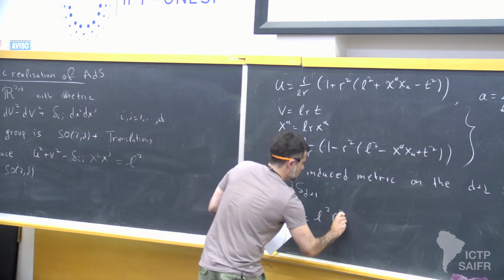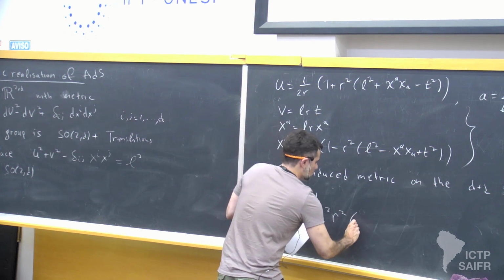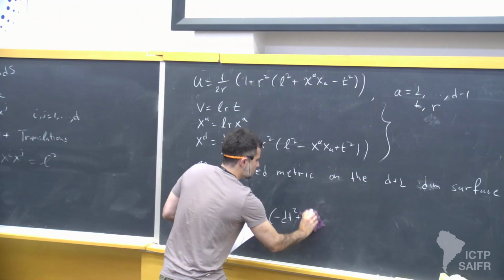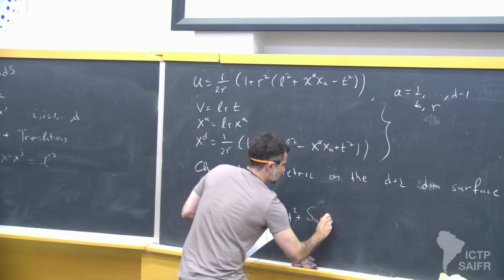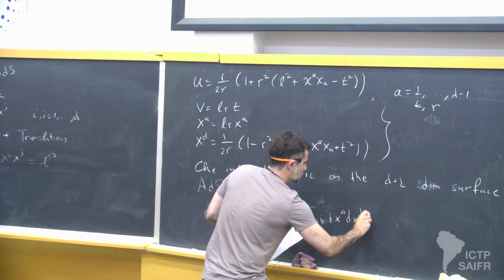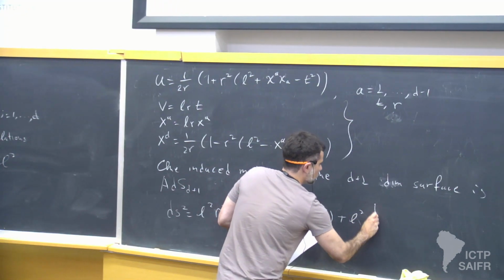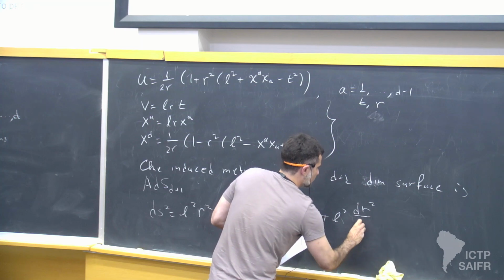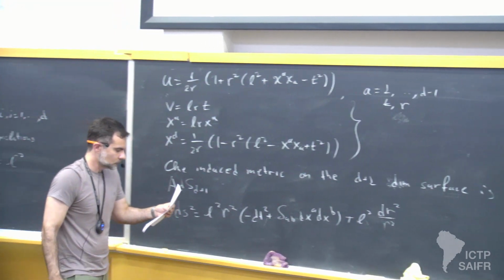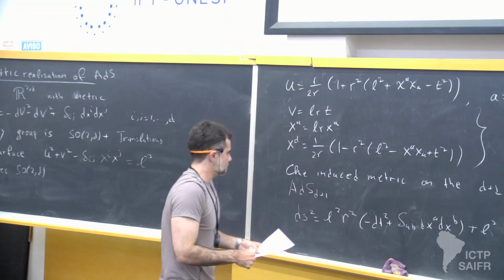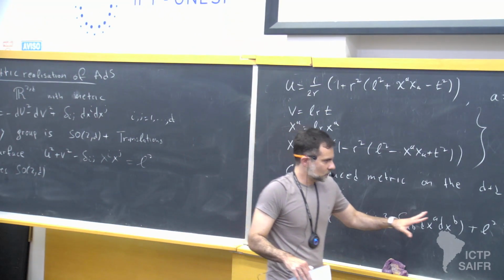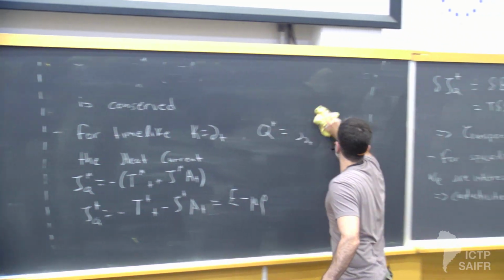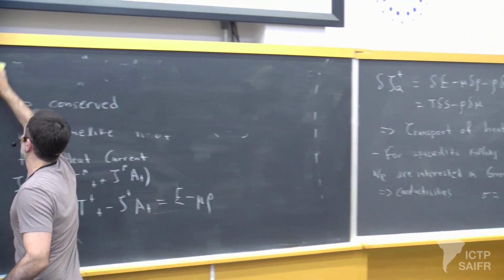You will have L squared r squared times (minus dt squared plus delta_ab dx^a dx^b) plus L squared dr squared over r squared. What you discover here is a d+1 dimensional space, which is guaranteed by construction to have the conformal group as its isometry group.